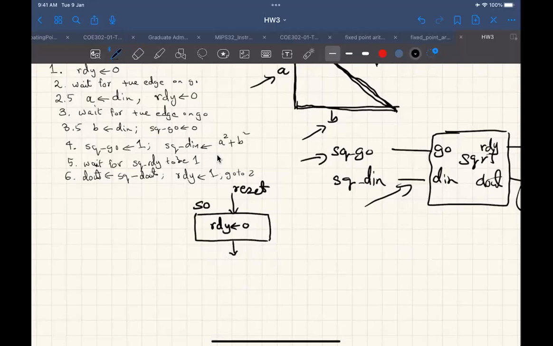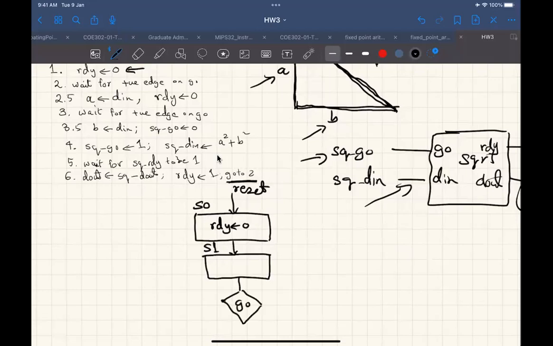I will tell you why: we are going back to step number 2. We want to go back to step number 2 in step number 6 without setting ready to 0. So we have to have a new state here, S1. And in this new state, the only thing that we do is check go.